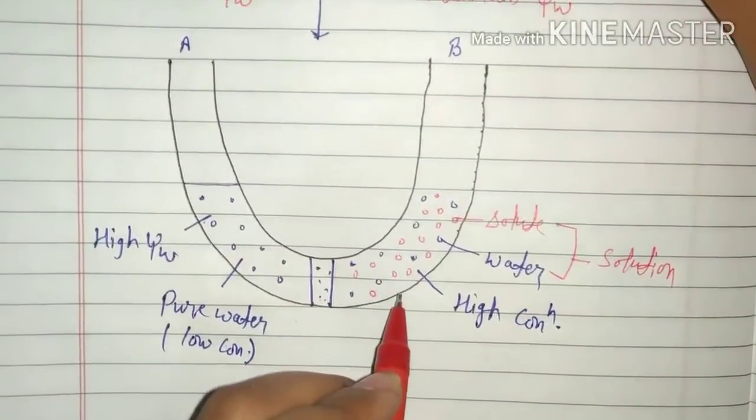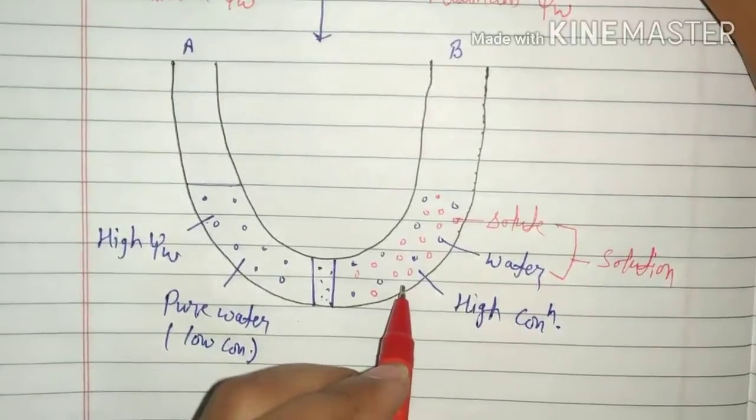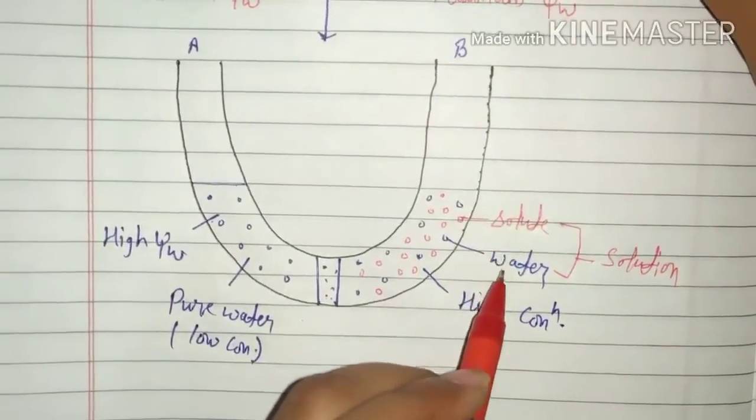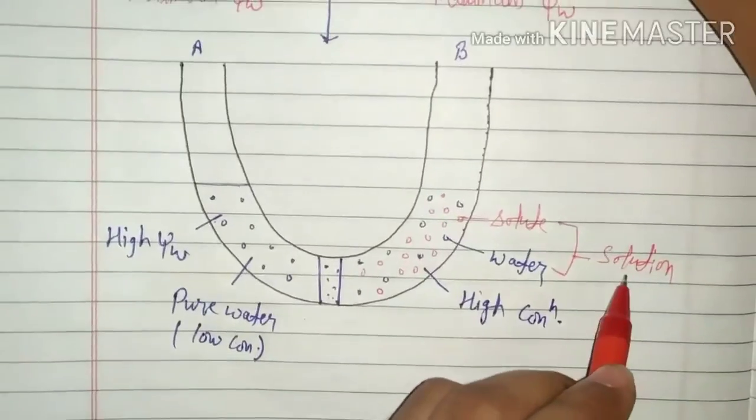In the B chamber, both solute and water make the solution.